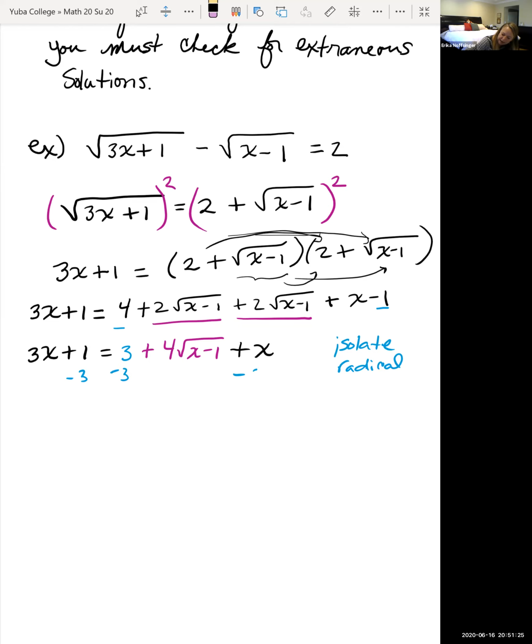Let's subtract x on both sides of our equation. So doing that, we get 3x minus 1x is 2x. 1 minus 3, so that's minus 2, is equal to 4 square roots of x minus 1.